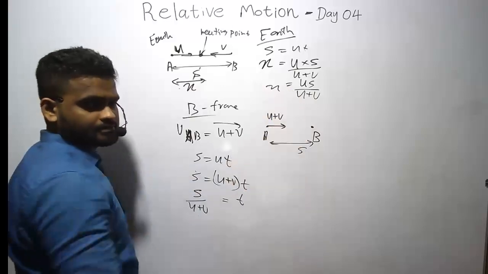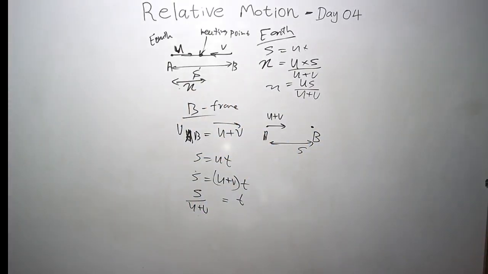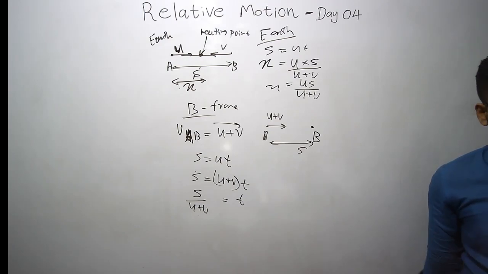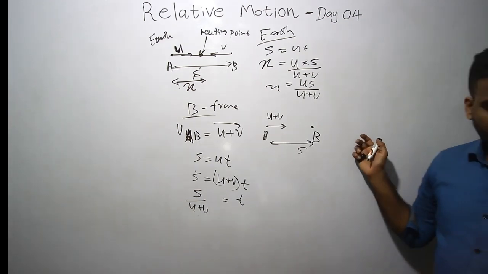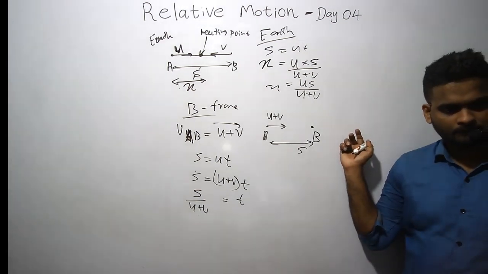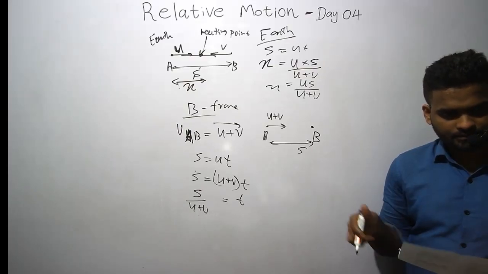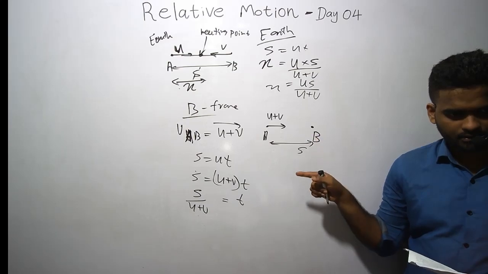This is x. Yeah, fifth answer. Fifth is the answer. Correct. Understood? You can take it down.